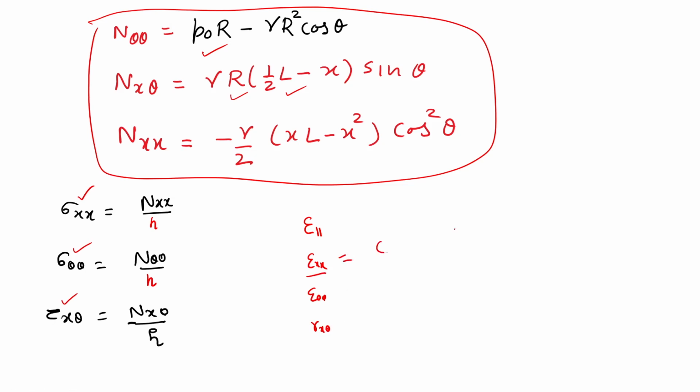From there we can find out the strains, basically it was 1 by E h times nxx minus mu times n theta theta.